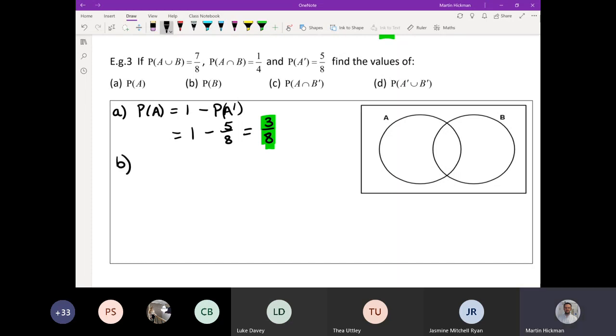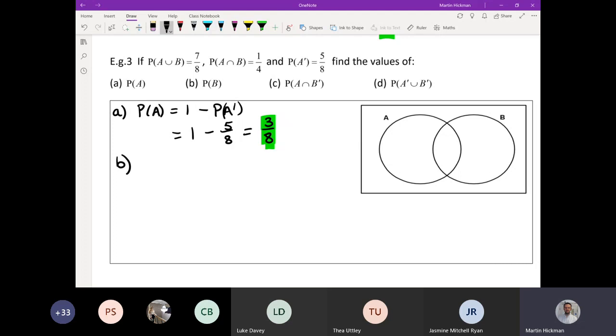And then for part B, now what we're going to do is start to fill in our Venn diagram. So we know that everything in the circle for A has to add up to 3/8. From part A, because the probability of A is 3/8, everything in that circle has to add up to 3/8.